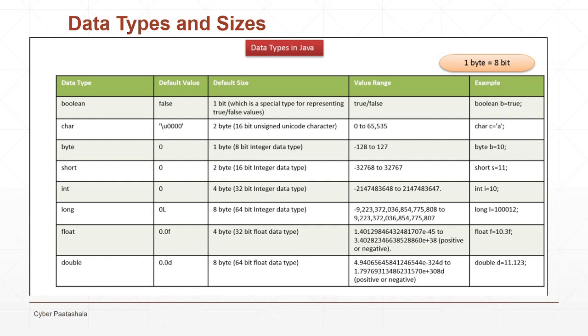Float f equals 10.3f. Double. If you want to declare any decimal values which do not fall under the float data type, then you can use a double data type, and the default value for the double data type is 0.0d, d for double, and the default size is 8 bytes, and the value range you can see here. So here we have an example. Double d equals 11.123.